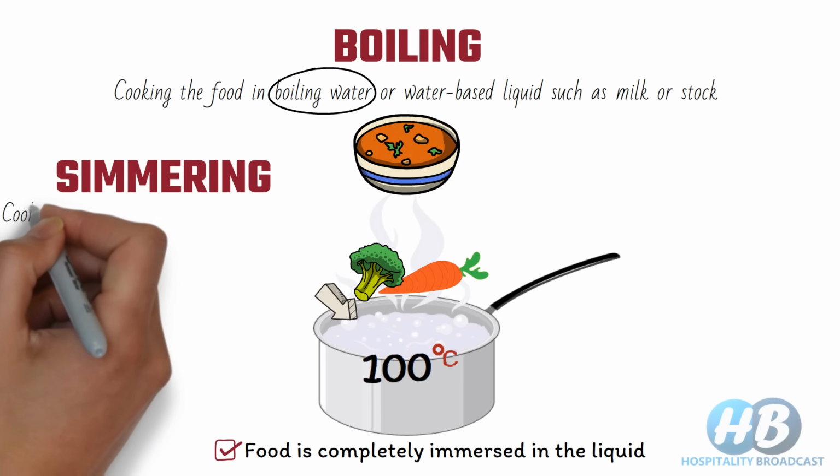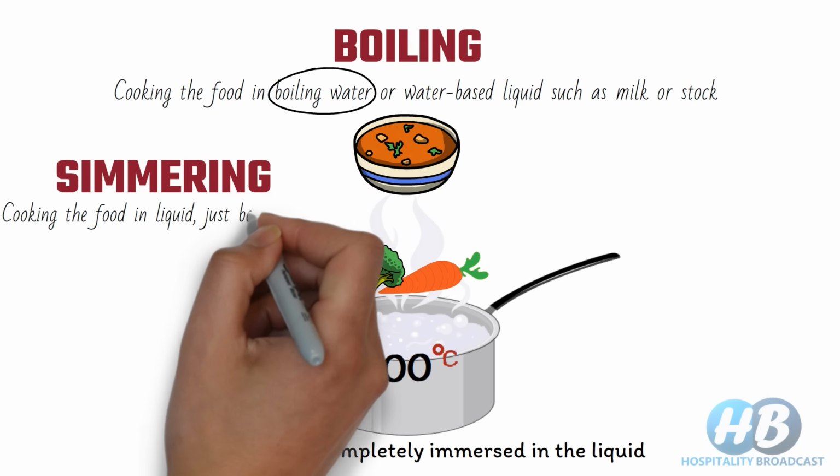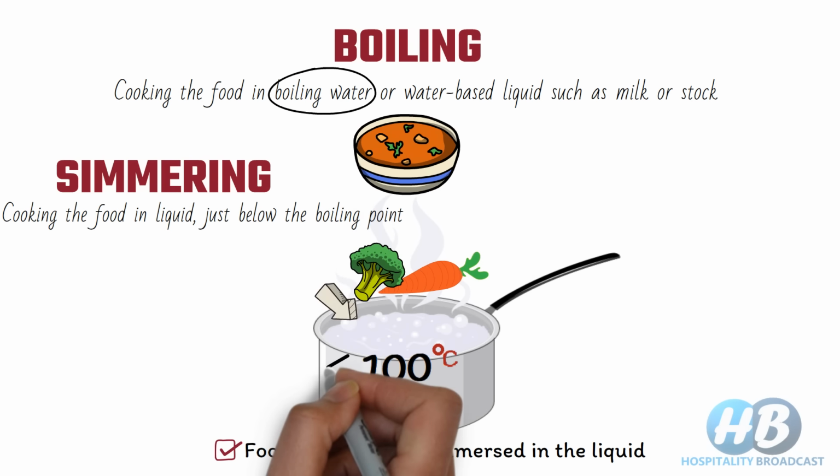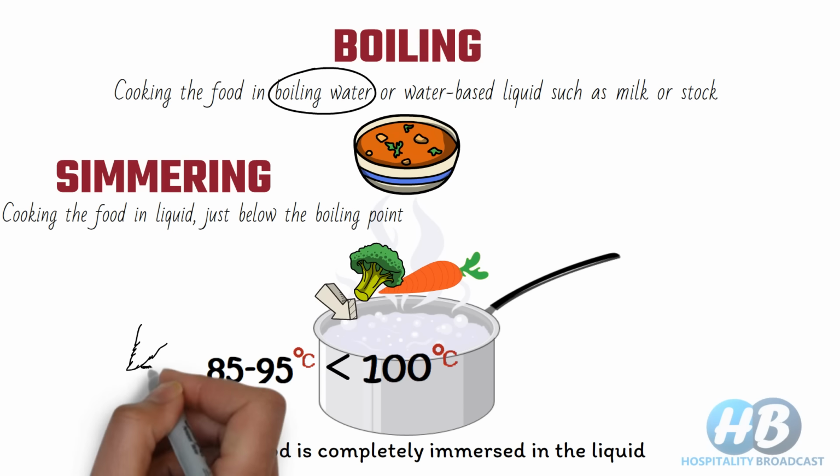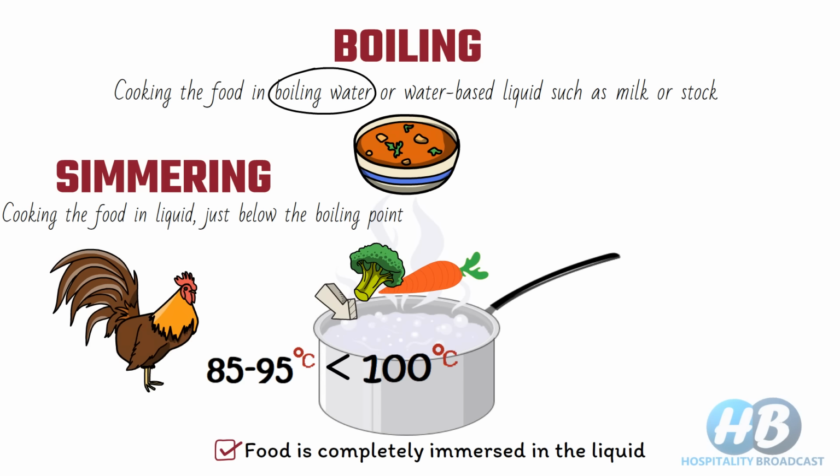Simmering. If we cook the food in liquid just below the boiling point, that is roughly around 85 to 95 degrees Celsius, then it is called simmering. Temperature is kept just below the boiling point, but it is never allowed to boil. High protein food like meat or poultry fare much better when simmered.